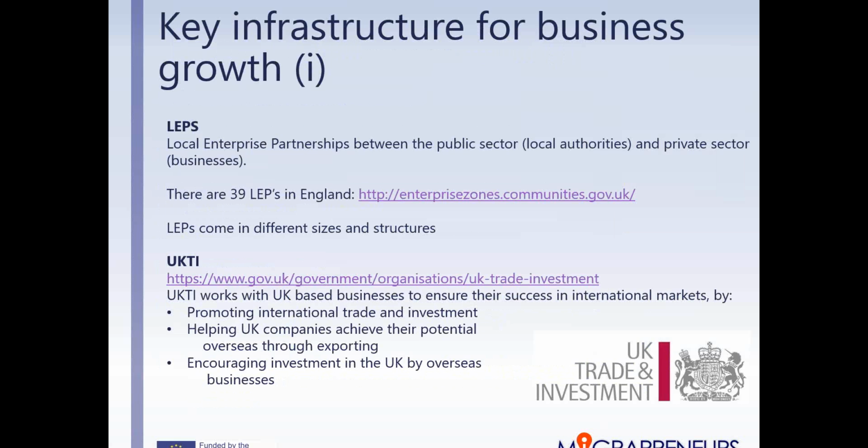These are partnerships between the public sector, so local authorities, and private businesses. And they cover each of the different regions across England. So there are 39 LEPs in England, and there's a link there where you can find out more, and you can find out about each LEP in each area.